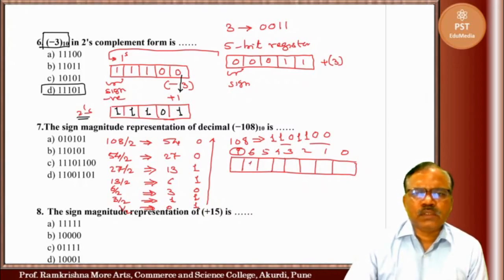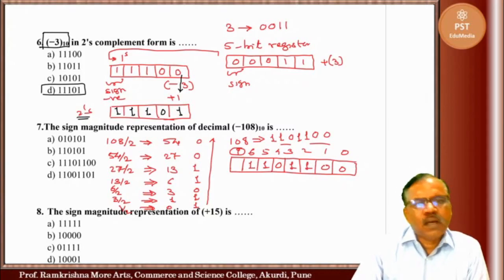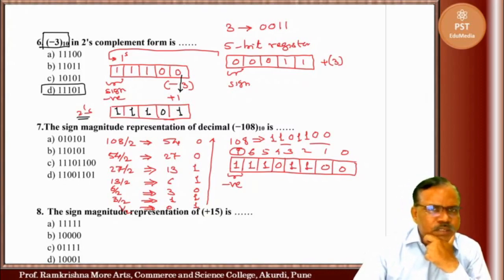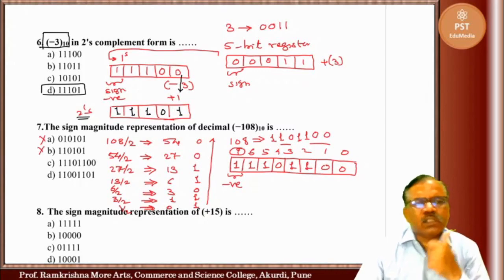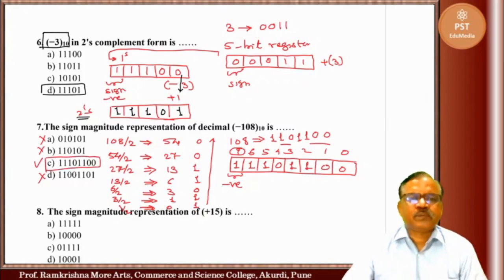So the number is stored like this: 1 1 0 1 1 0 0. And when we want the number to be negative, then 1 is stored for the negative sign. So the 8-bit binary number is 1 1 1 0 1 1 0 0. So out of these, the others are not correct, this one is correct.